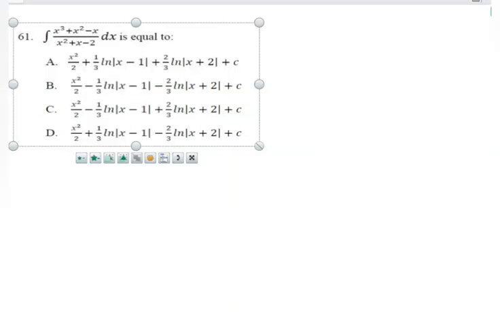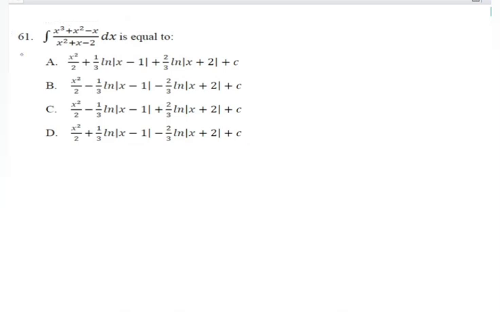The integral of a certain rational expression. This rational expression is given, and we are asked for the integral of this expression. Usually whenever we have a rational expression with the degree of the numerator greater than the degree of the denominator, here the degree of the numerator is 3 and the degree of the denominator is 2, the better way is to write this in decomposition form.